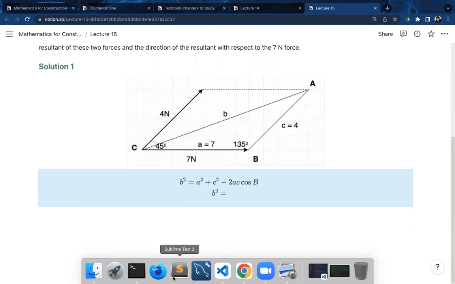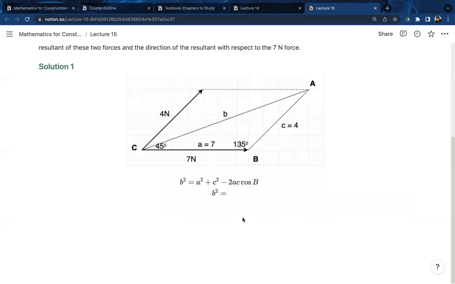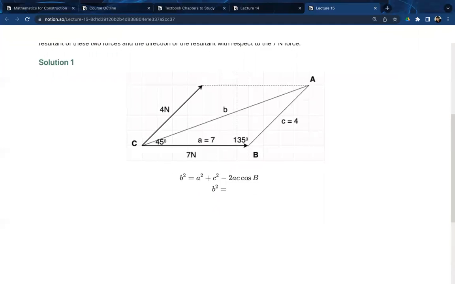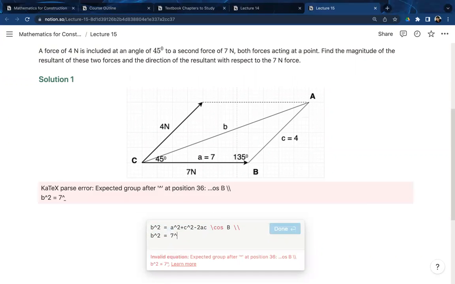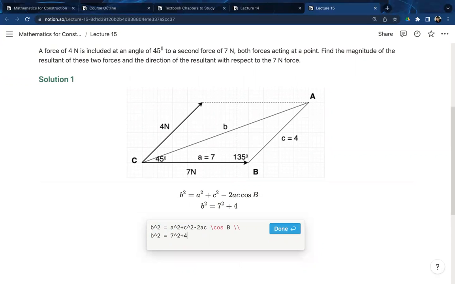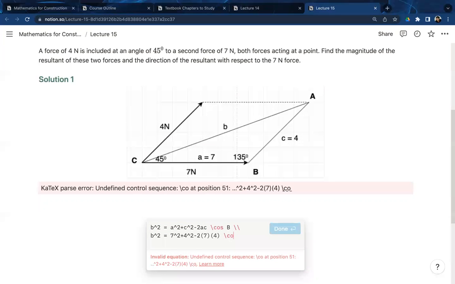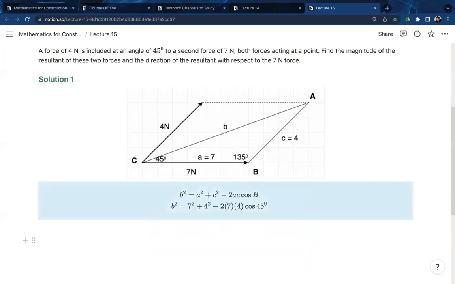What is b squared? Right, so the b squared is 7 squared plus 4 squared, minus 2 by 7 by 4 by, sorry, cosine of 135 degrees, right?